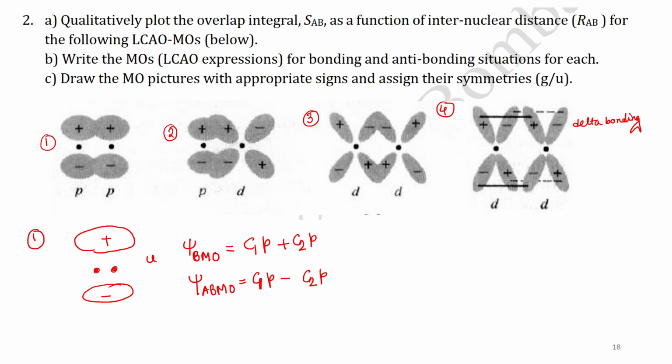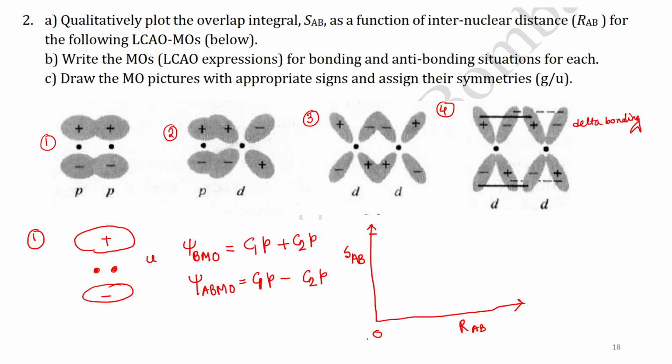Now how will the overlap integral look? This is your internuclear distance RAB, and this is your overlap integral. When the distance between the two is 0, they are perfectly overlapped, and at that position the overlap integral is maximum. Suppose this is the maximum, at RAB equal to 0.